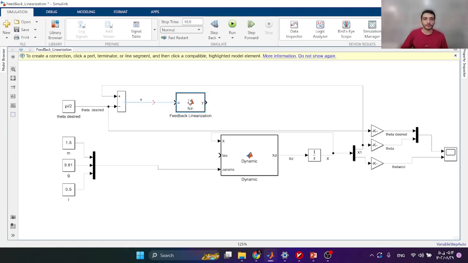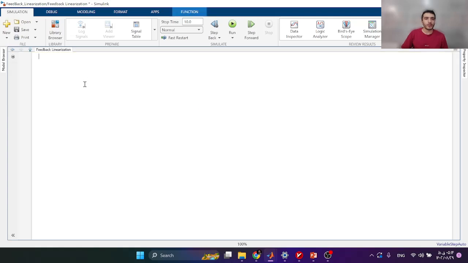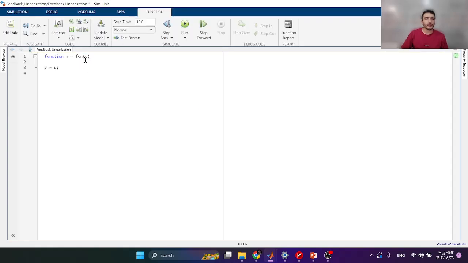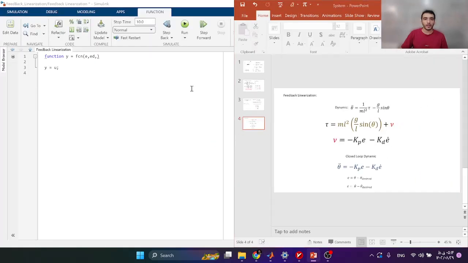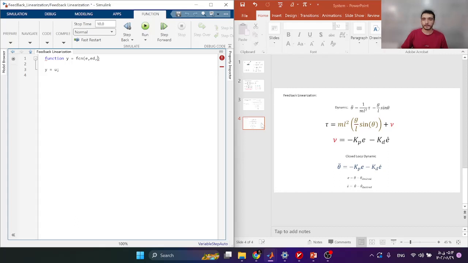And now we can import to it the e and e dot, and let's see what we need here for our controller. The params we need, and kp and kd, so we can code our controller.